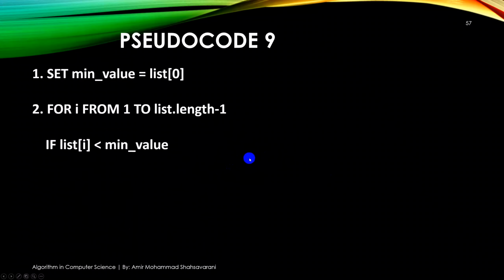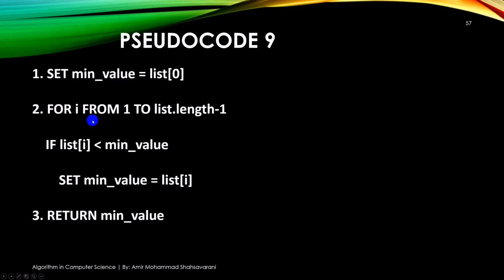If this item in the list is less than min value, then set this item of the list as min value in place of it. Then go through until the end and return our minimum value here. Good.